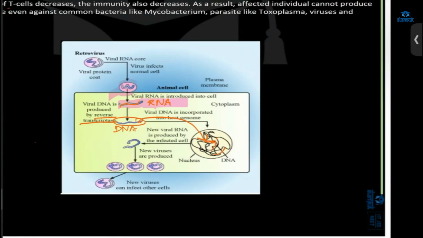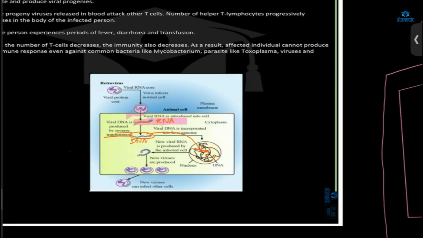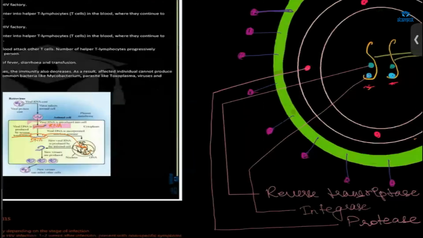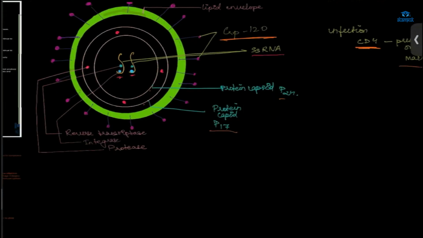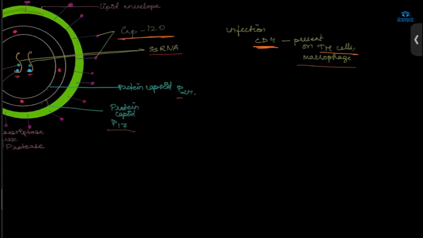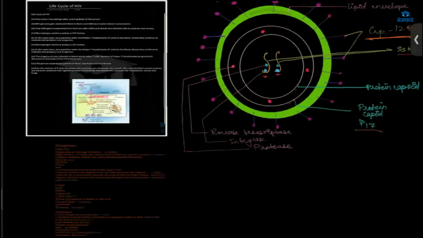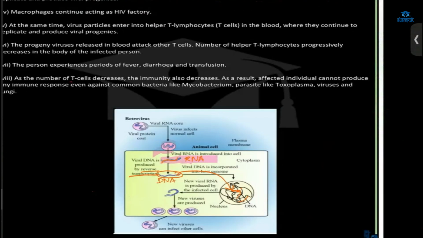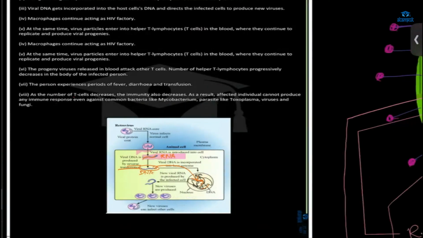And which cell will it infect first? First, it will infect the macrophage, because macrophages have CD4 and here we have glycoprotein 120, so there will be binding. The macrophage acts as a factory, many new viruses will be produced.